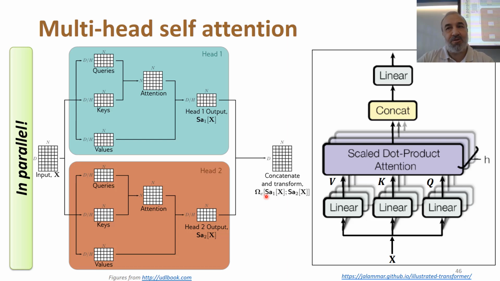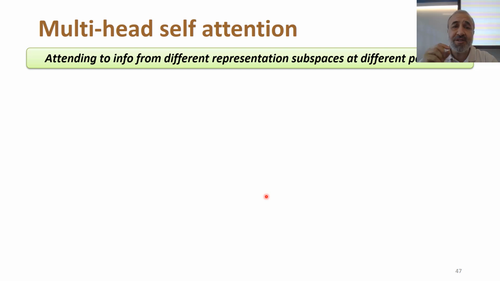There are two possible intuitions here. First one is that having multiple heads will provide a possibility to attend to different parts of the text.